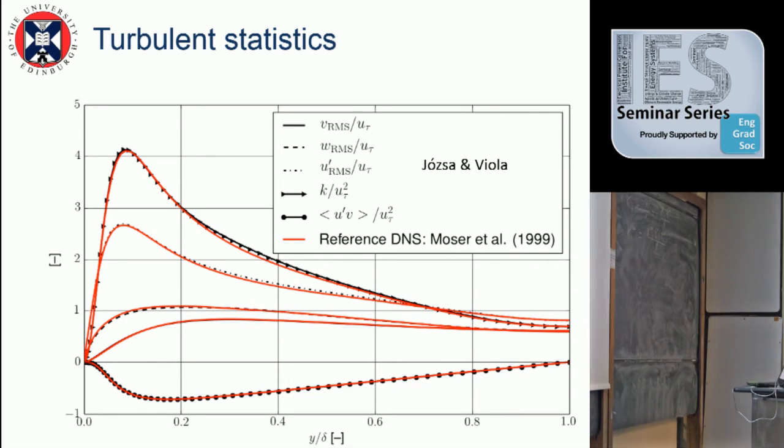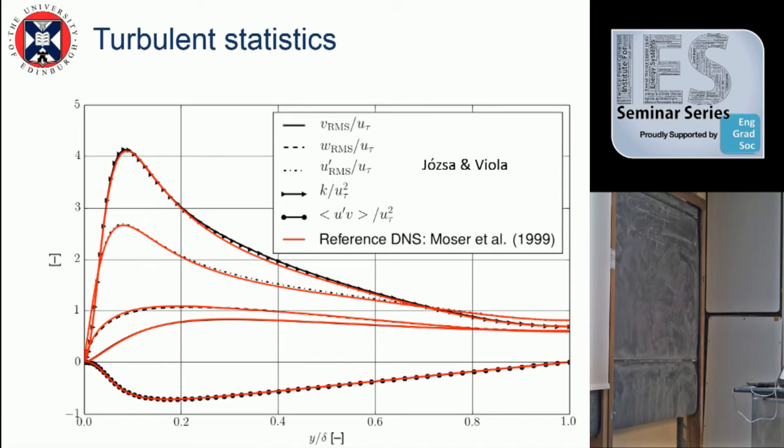This is the standard deviation of the fluctuation of the velocity perpendicular to the wall in the horizontal plane, but not in the direction of the flow. And this one is the standard deviation of the fluctuation in the direction of the flow. These three statistics, as you can see, fit very well with experimental data as well as DNS data. And this one will be the kinetic energy, and these are basically the Reynolds stresses.